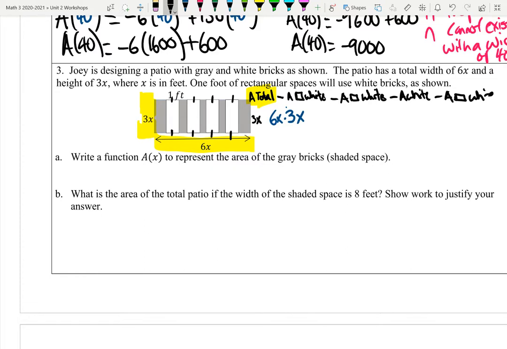Now, I'm going to have to subtract the area of the white square. The length of the white square is 1 times the height, minus 1 times 3x, minus 1 times 3x.